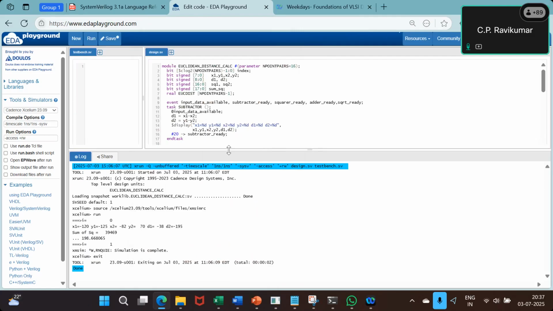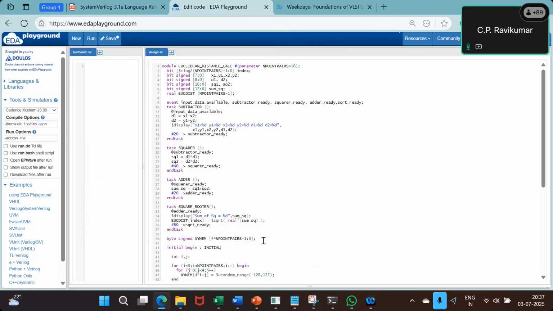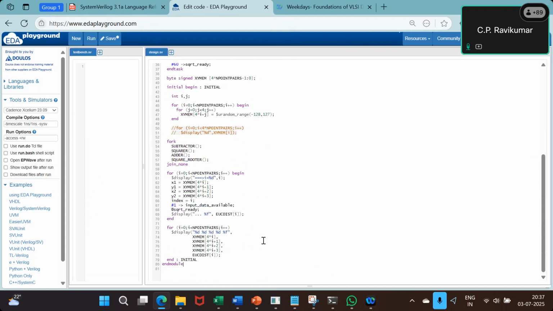But why did it come out this way? After doing the first calculation, it is supposed to go back.